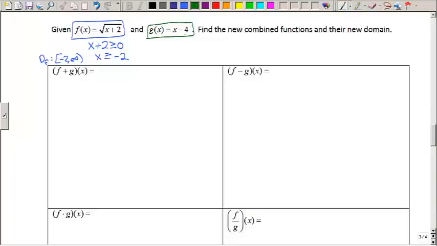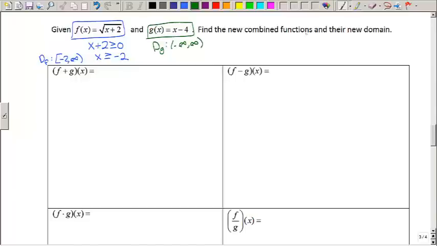Whereas for my g of x function, there is no rational function here, nor is there any even root function, so my domain for g is all real numbers. He's going to let everyone come to his party. Whereas the f function only allows negative 2 and greater into his domain party.